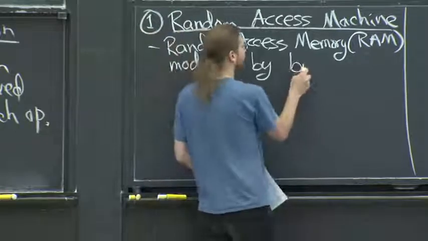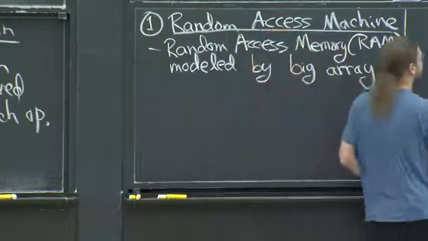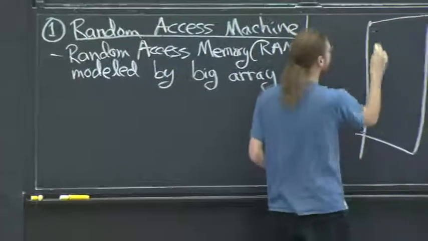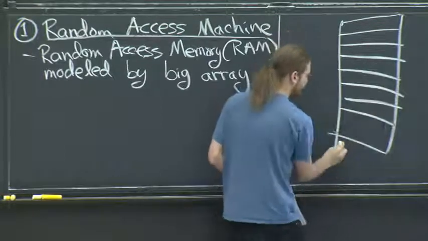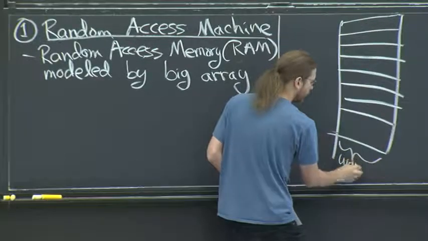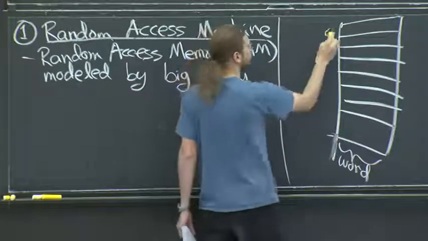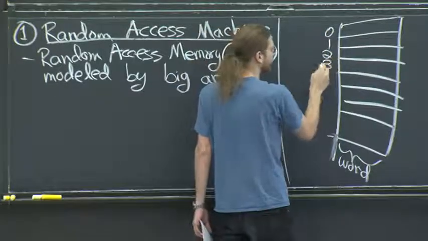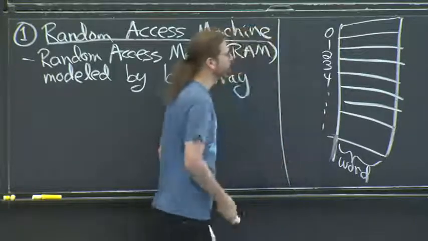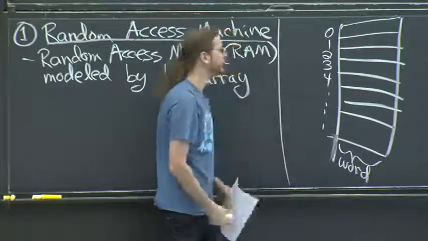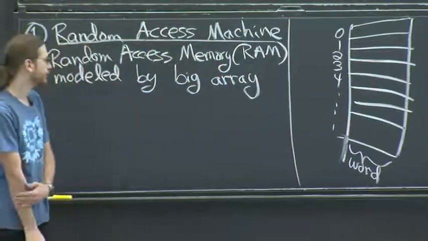So that's an array. So I'll just draw a big picture. Here's an array. Now, RAM is usually organized by words. So these are a machine word, which we're going to put in this model. And then there's address 0, address 1, address 2. This is the 5th word, and it just keeps going. You can think of this as infinite, or the amount that you use, that's the space of your algorithm if you care about storage space.